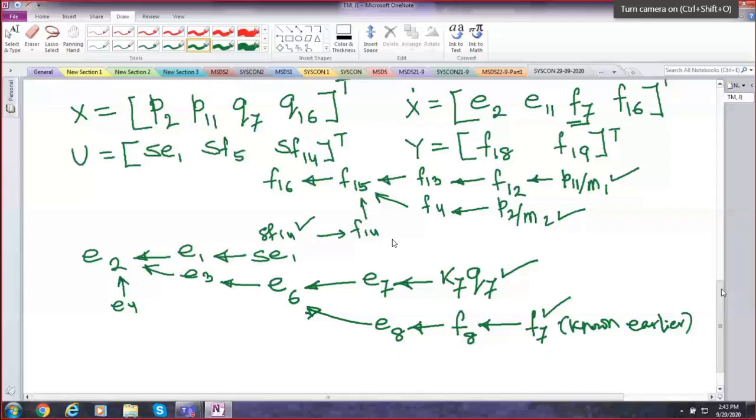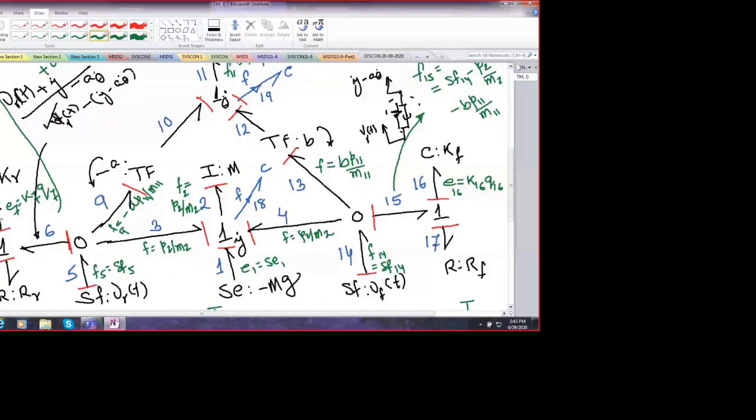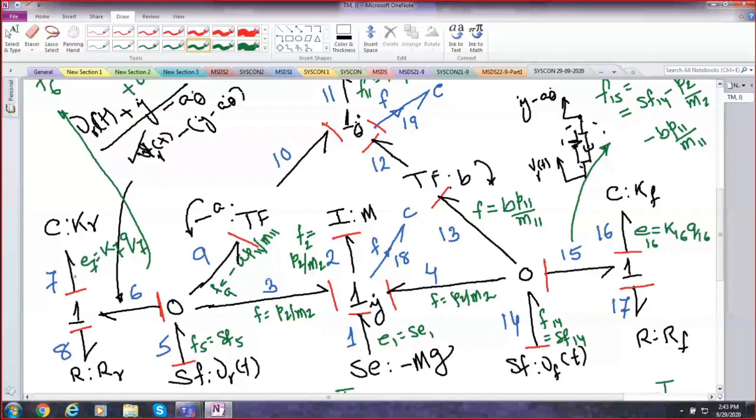Now E2, I will write E2 is equal to this relation K7 Q7 that comes here. So E2 is equal to K7 Q7 plus R8 times F8. F8 means this F6, R8 times F6. So these two, and from the other side, similarly, R7 times F15 plus K16 Q16.